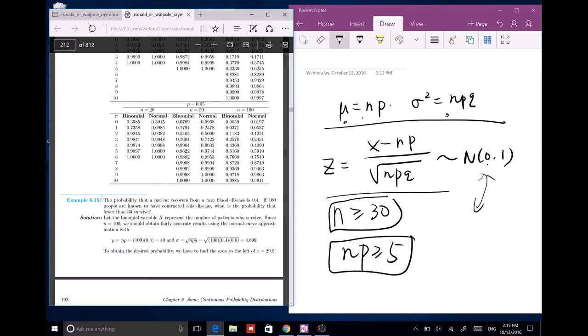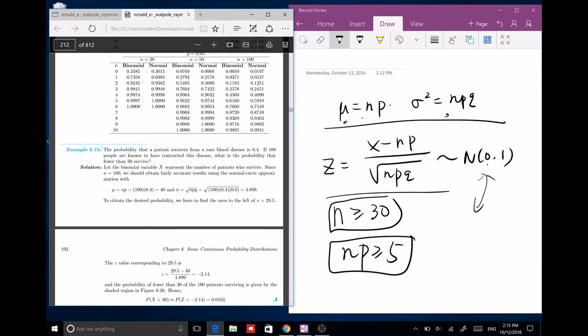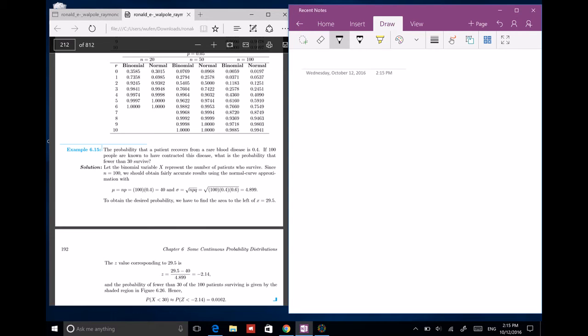So let's look at 6.15. The probability that a patient recovers from a rare blood disease is 0.4. If 100 people are known to have contracted this disease, what is the probability that fewer than 30 survived? So basically you are looking for x less than 30.